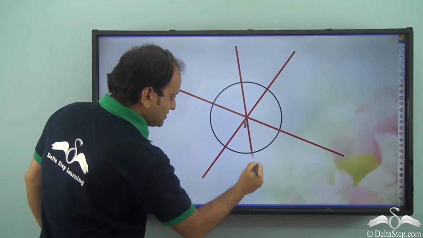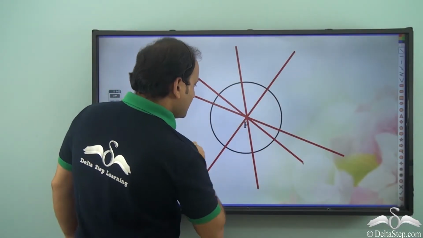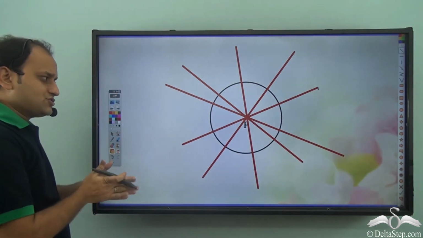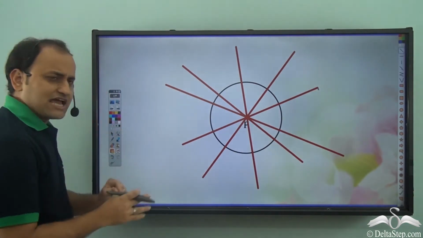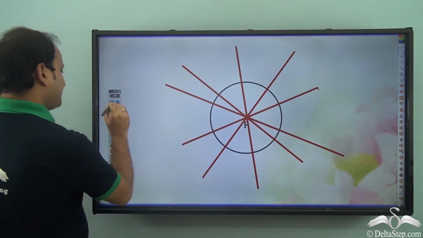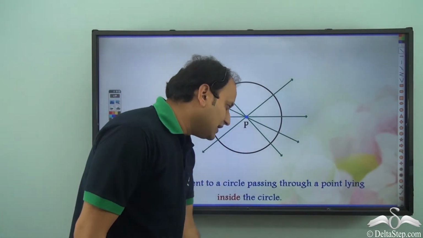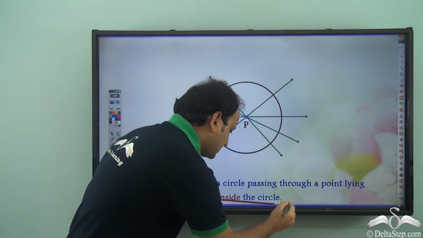I take another from this side. Another from here. Another from here. So I can draw a number of lines. But do I get a tangent even in one single case? Not really. That's because there is no tangent to a circle passing through a point lying inside the circle.